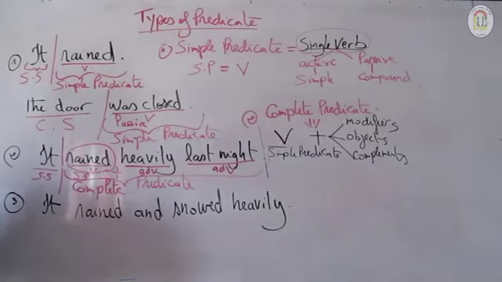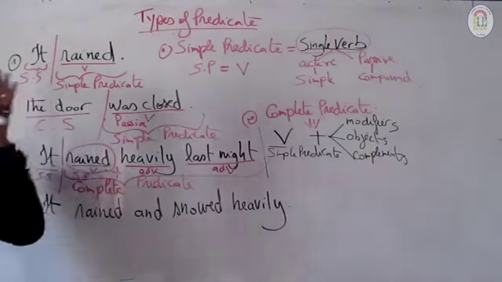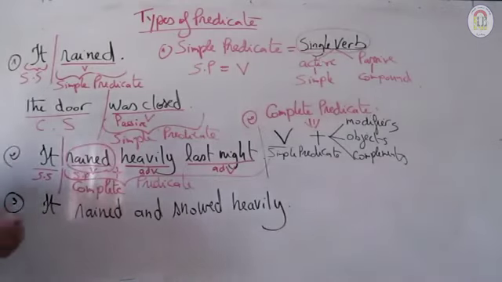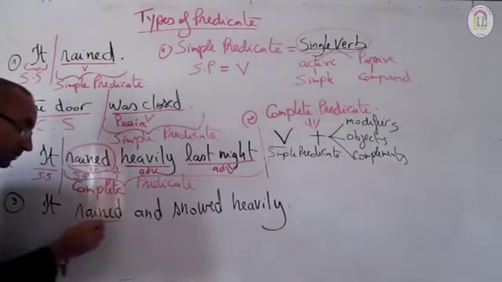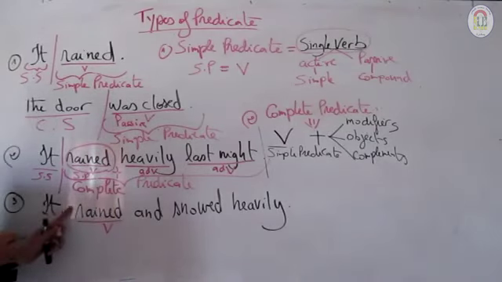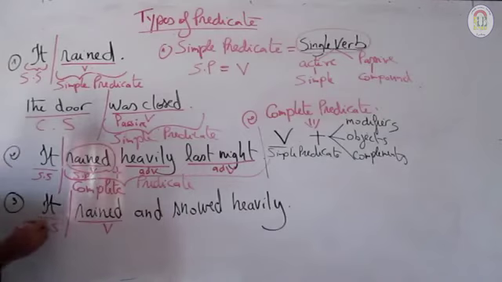Here I have also another English simple sentence, and I would like to divide it into its two always major parts: the subject and the predicate. What is the verb? Here the first verb I have is rained. Clear? So I put my slash here before it to divide it from the simple subject pronoun it.